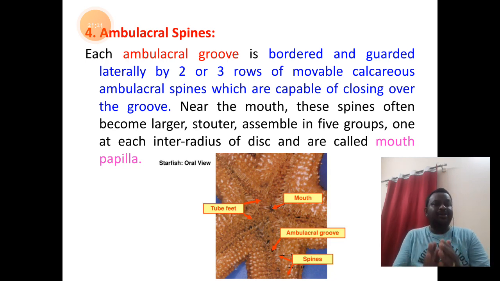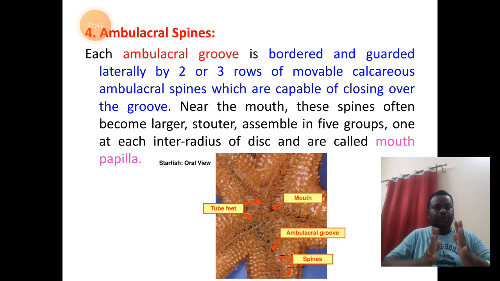Each ambulacral groove is bordered by, at the border of the ambulacral groove, you find laterally arranged 2 to 3 rows of movable calcareous ambulacral spines.